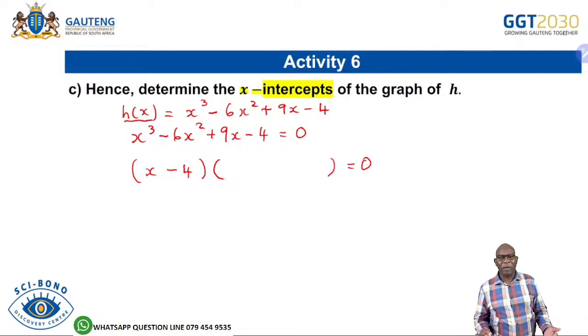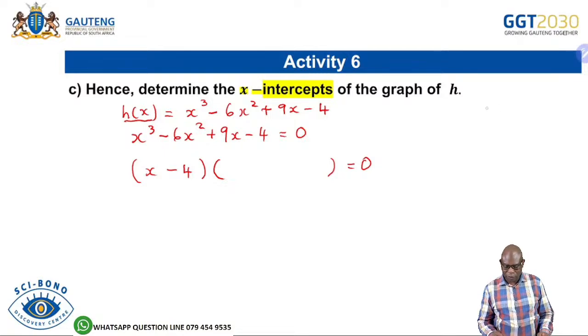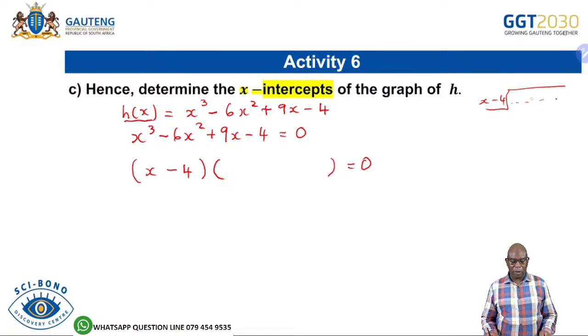If I use my long division method, I'll have x minus 4, and then from there I can have my f of x here. For synthetic, I just write down the coefficients. I know your teachers love synthetic methods because it's quite easy. Now we're going to look at the inspection one, which is also quite easy.